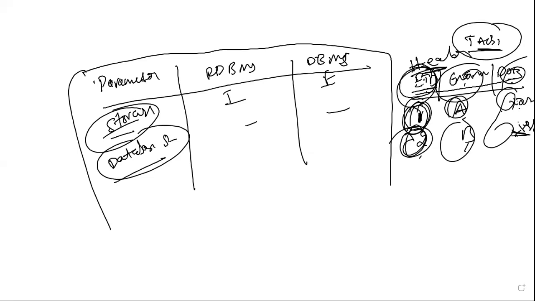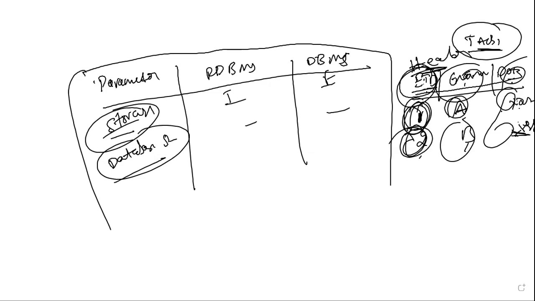Next parameter: number of users, with concurrency in brackets. One of the very important terminologies.